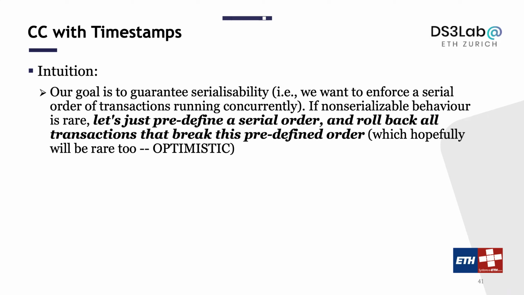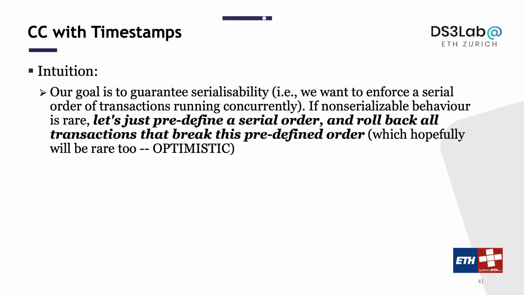If that is the case, one thing we could do is predefine a serial order. For example, first come, first served: if T1 starts earlier than T2, in my serial schedule I always want T1 to happen before T2. Whatever schedule I enforce must have T1 then T2.